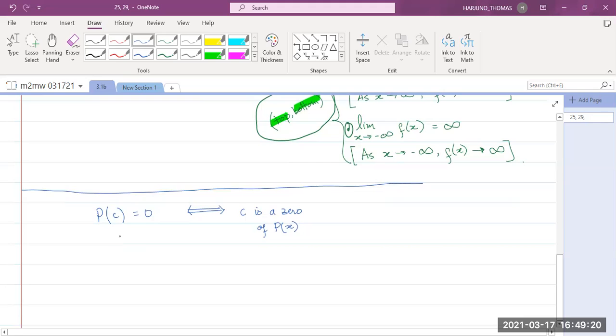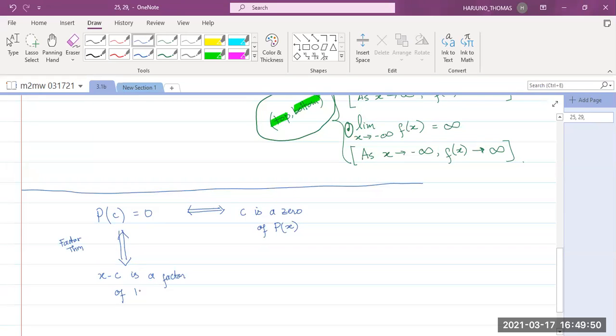Now, if we can solve P(x) equals 0, then we will get the zeros. Now, if c is a zero, then by the factor theorem, x minus c is a factor of P(x).